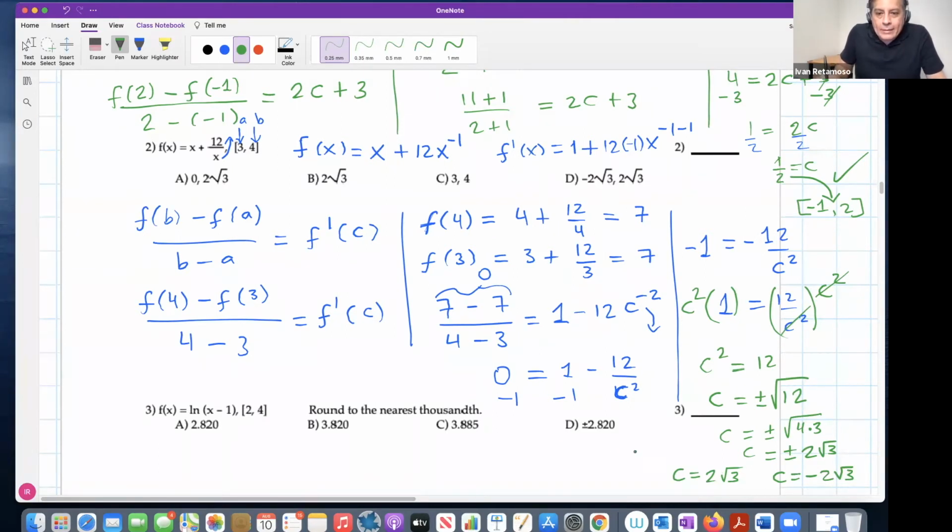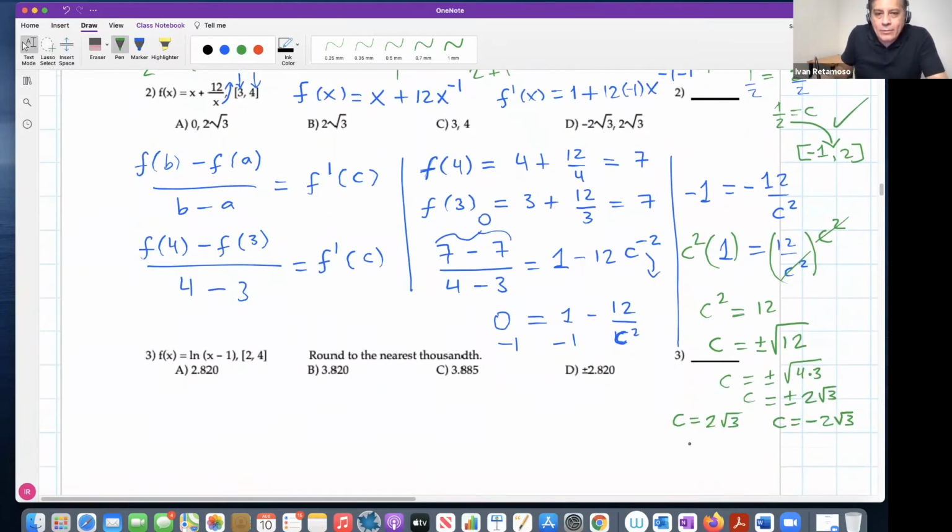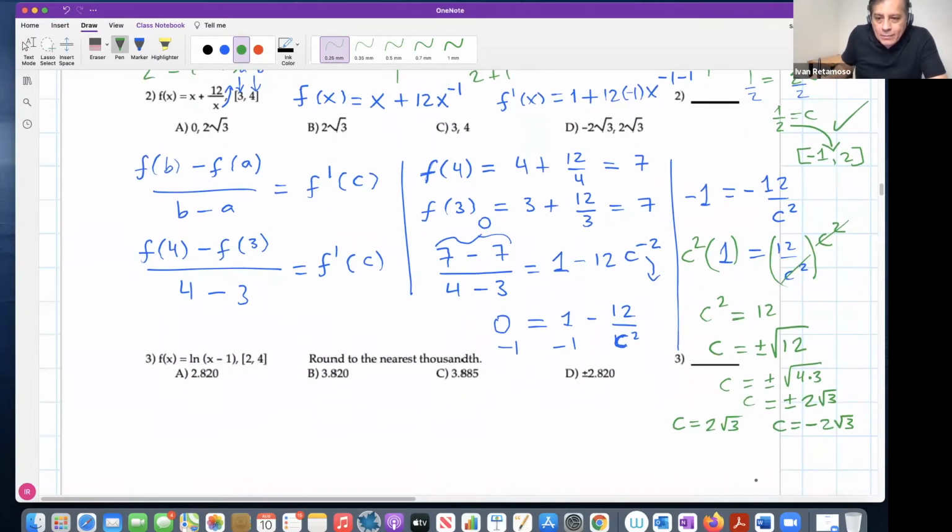But now, when you look at the interval, it says that the solution, whatever it is, should be inside this interval, 3, 4. So the solution should be inside this interval, right?